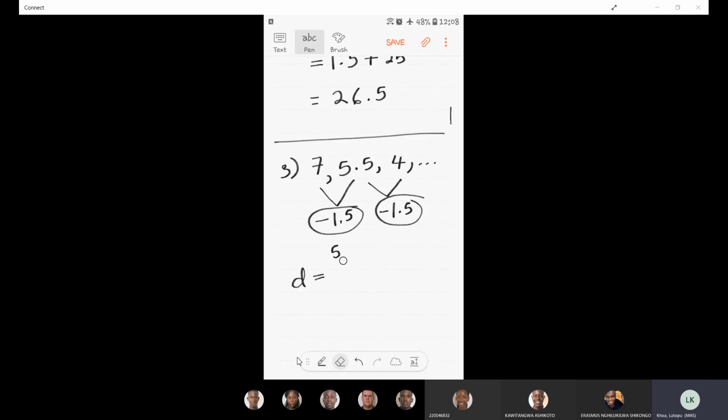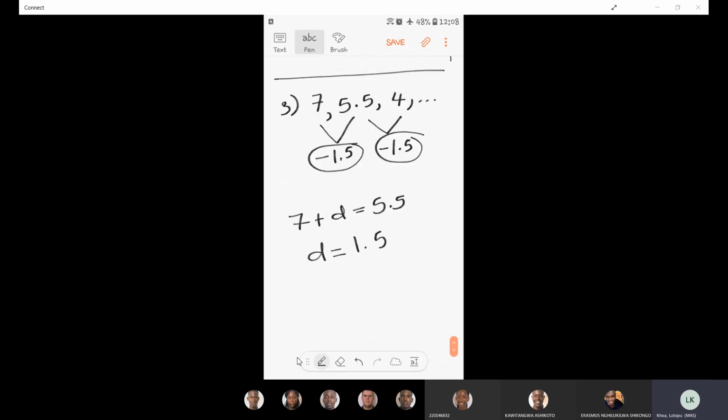Let me just do it the way I've been doing it. I say 7 plus D is equal to 5.5. This means that D is equal to 1.5. Then, now that you have D, A, you will just read it from there.